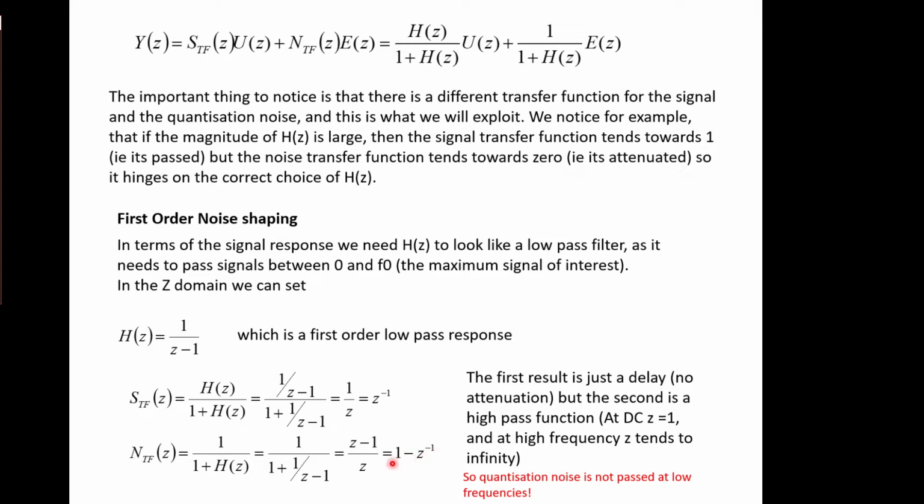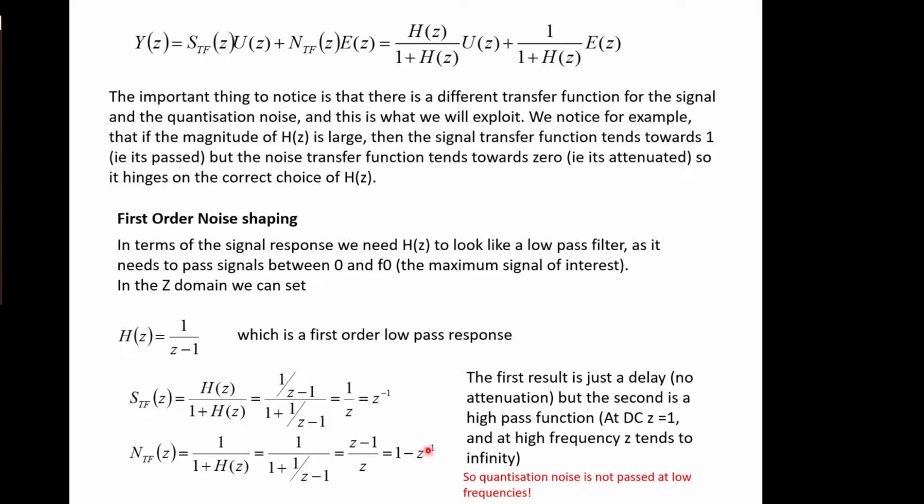That turns out to be the equivalent of a high pass type function in the Z transform, because again, take my word for it, at DC Z has a value of 1, and at high frequency Z tends towards infinity. So at Z equals 1, 1 over Z equals 1, so 1 minus 1 becomes 0.